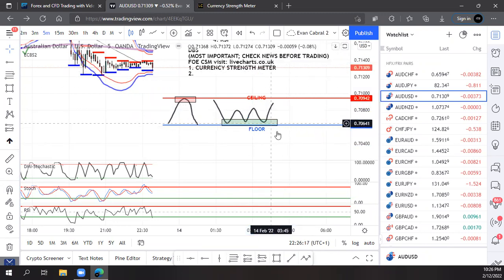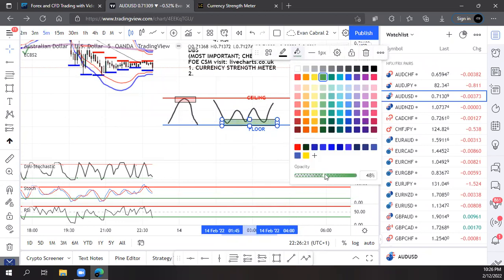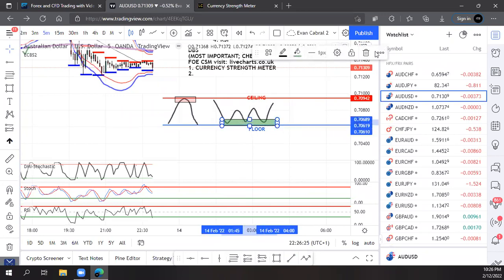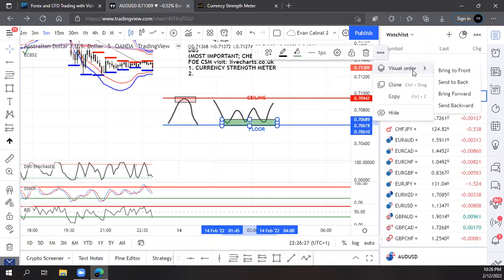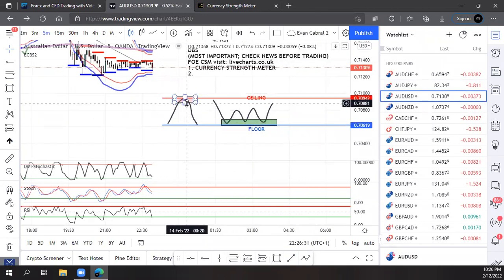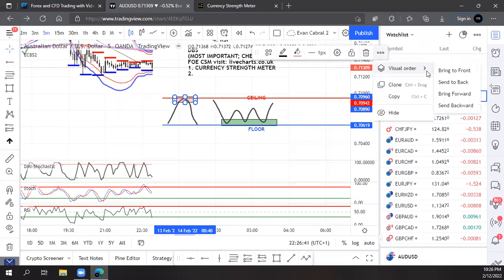Right, so you can just say floor and ceiling, or guess what? You can just call it what? Support and resistance. Resistance, ceiling. Support, what? Floor. Resistance for ceiling, support for what?